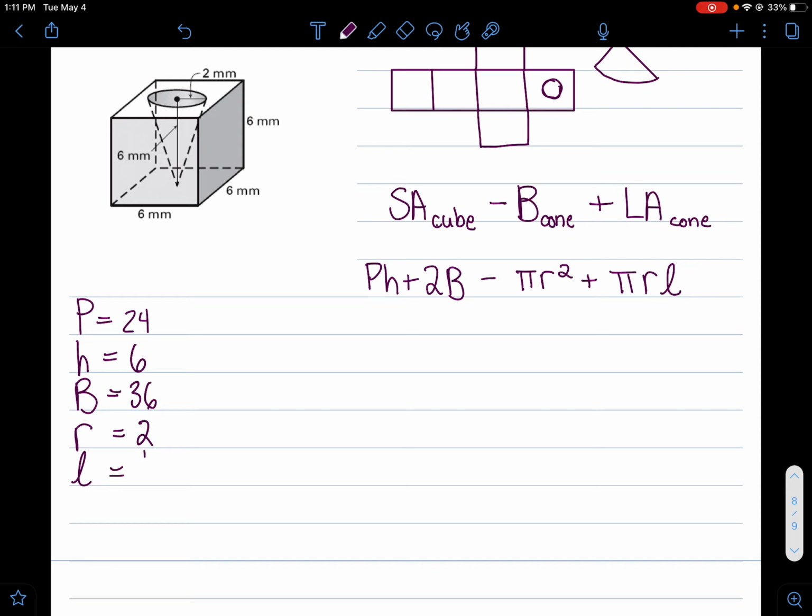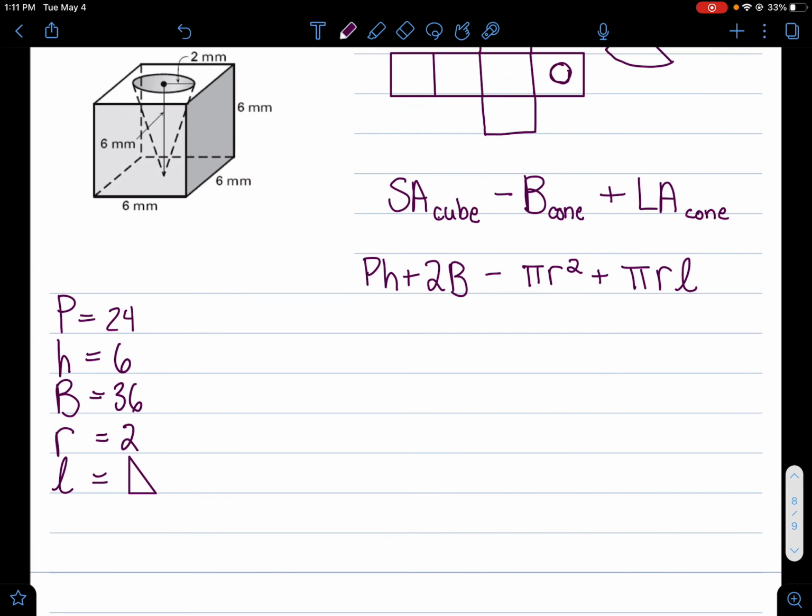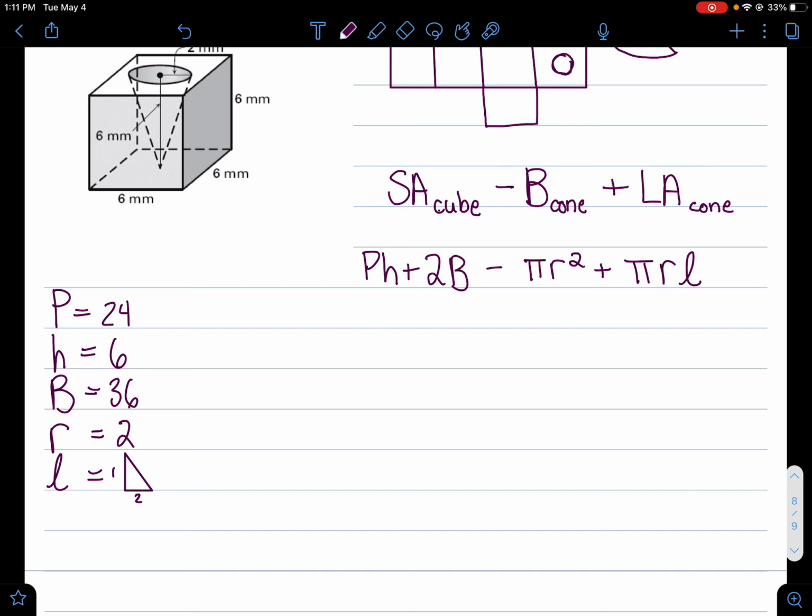How are we going to calculate it? Well, just like yesterday, we're going to use trig. Not trig, just kidding. Pythagorean theorem. 2 squared plus 6 squared equals our slant height squared.